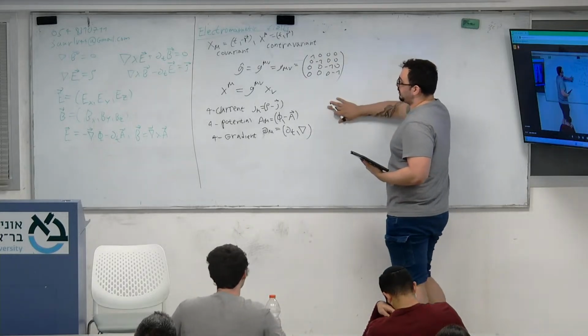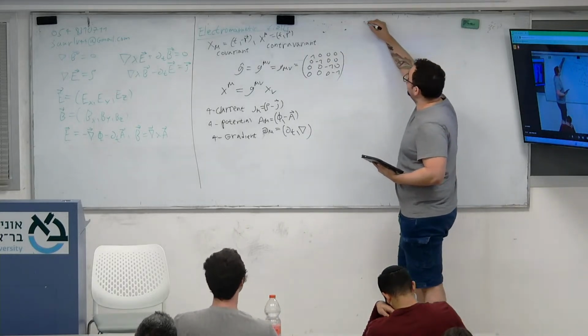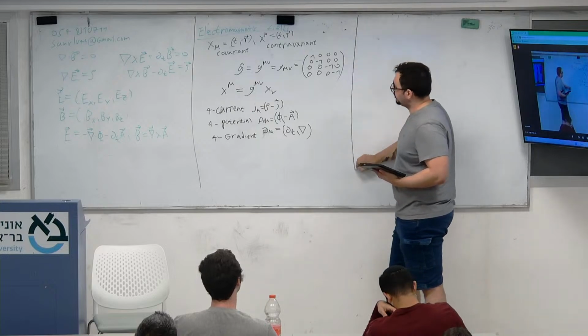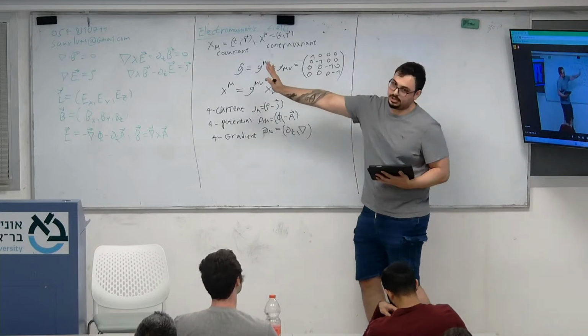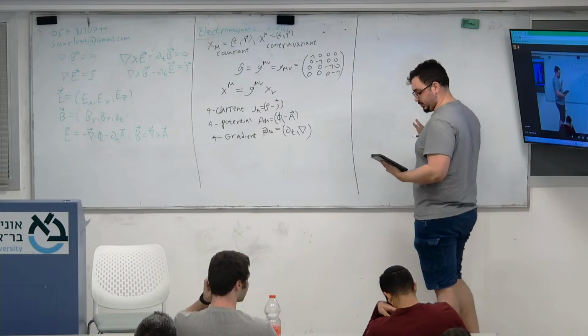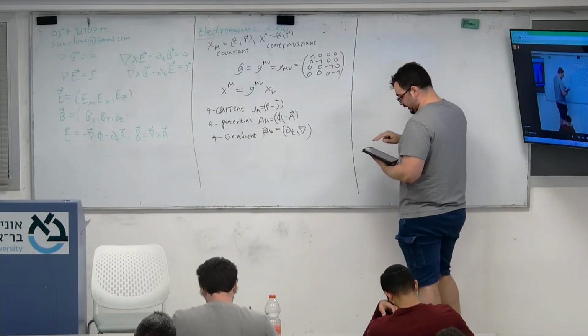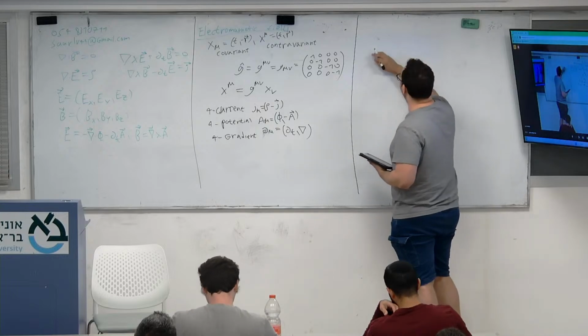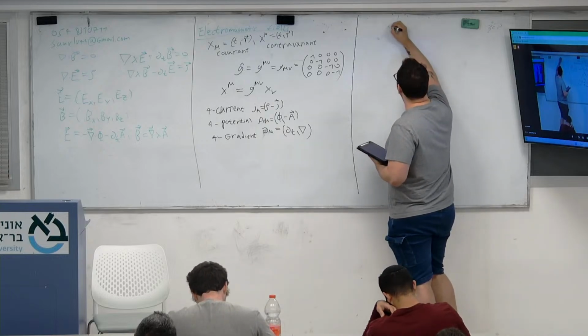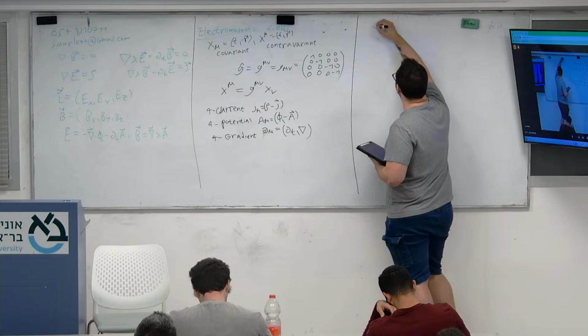Okay, now using this convention of 4-vectors, I want to slowly go back to the left side of the board, very slowly. For that, we'll define a field tensor, the electromagnetic field tensor.